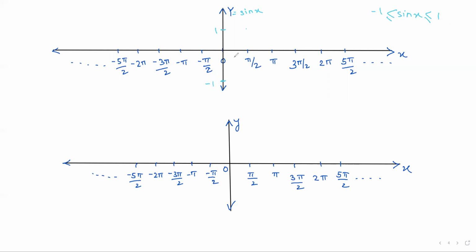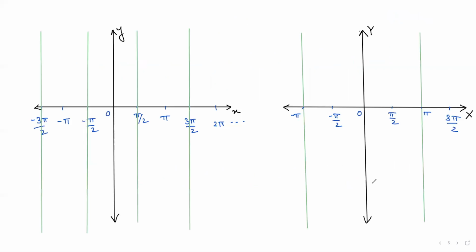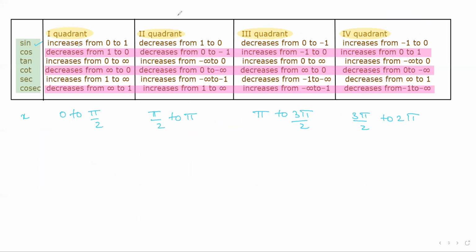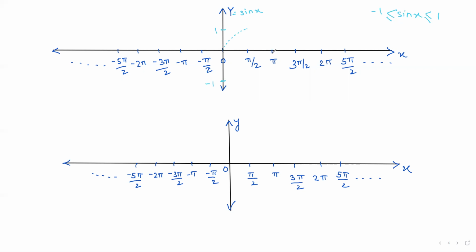Within 0 to pi by 2, the first quadrant, sine value is increasing from 0 to 1. So somehow it is increasing. It takes this kind of shape. What happens at pi by 2? At pi by 2, it is decreasing from 1 to 0. This is your second quadrant, pi by 2 to pi.